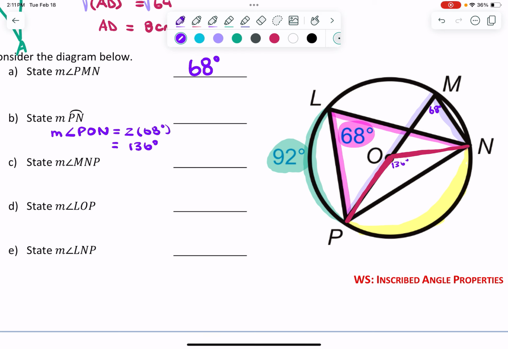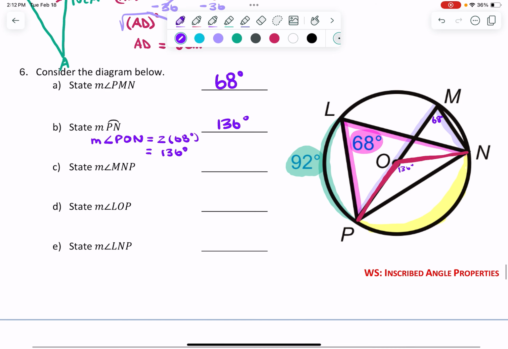Because I now know my central angle, I can figure out my minor arc. So now we're getting into more complex things because I'm not just using one angle property that will always be super obvious to me. I might have to find a middleman to go through if I can't get all the way there.